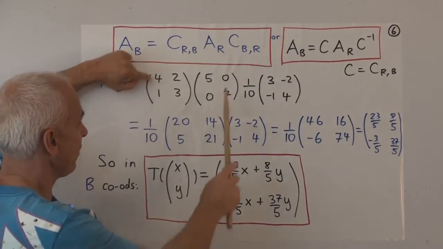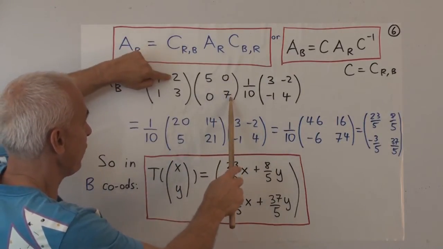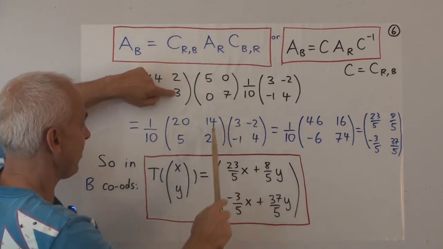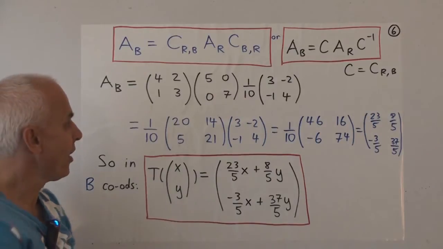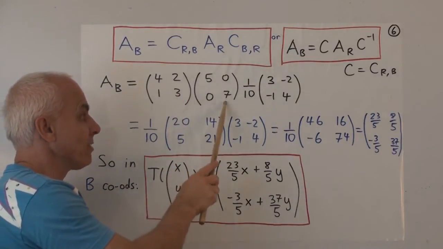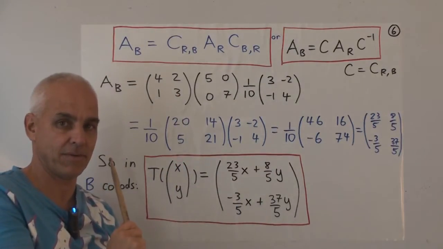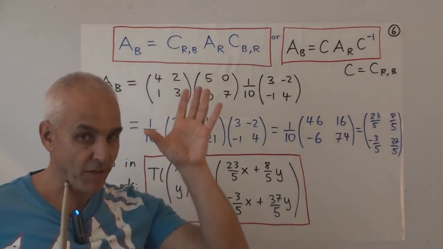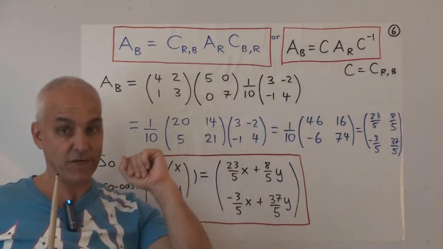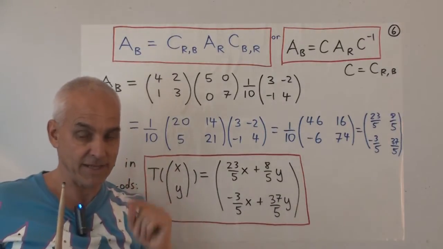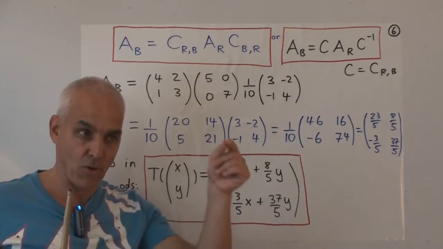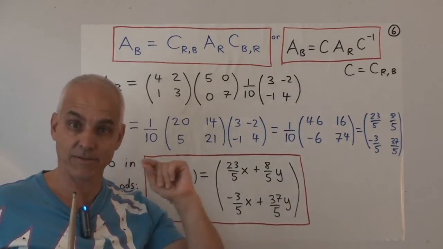And the second column here is 0 times 4 plus 2 times 7, that's 14. 0 times 1 plus 3 times 7, that's 21. Obtained from this second column by multiplying it by 7. So if you have a matrix and you're multiplying it on the right by a diagonal matrix, then what happens is that each column gets multiplied by the corresponding diagonal element.